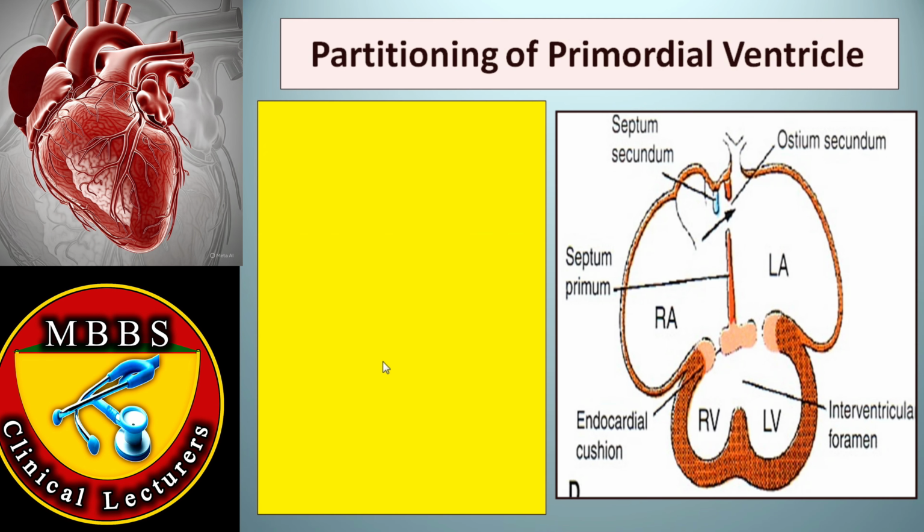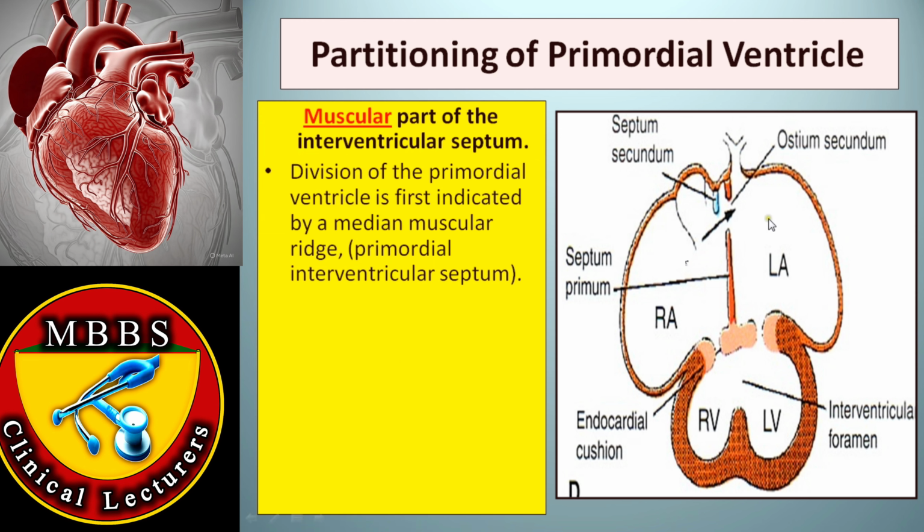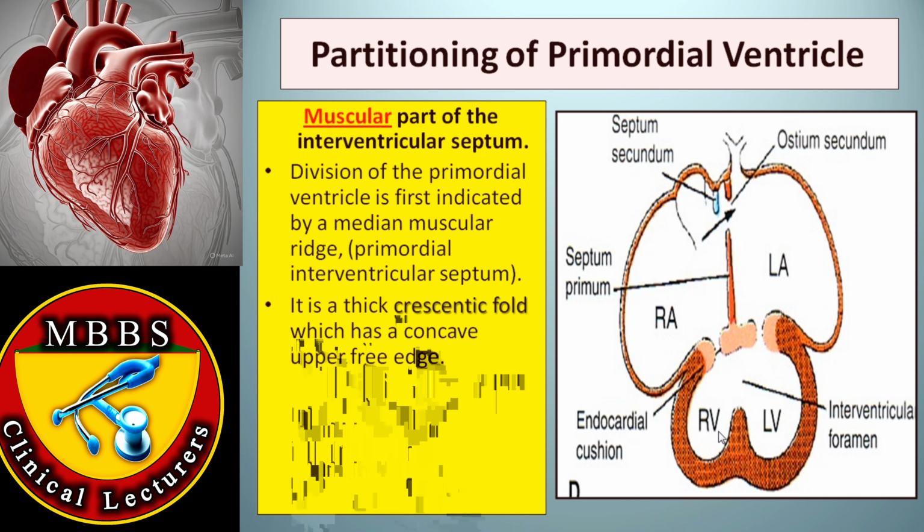Now the partitioning of the common ventricle. Simultaneously, when the atria are partitioning, the common ventricle also starts partitioning, with an intermuscular ridge projecting towards the endocardial cushion. So the primordial division of the primordial ventricle is first indicated by the appearance of the midline muscular septum in the form of an interventricular ridge.